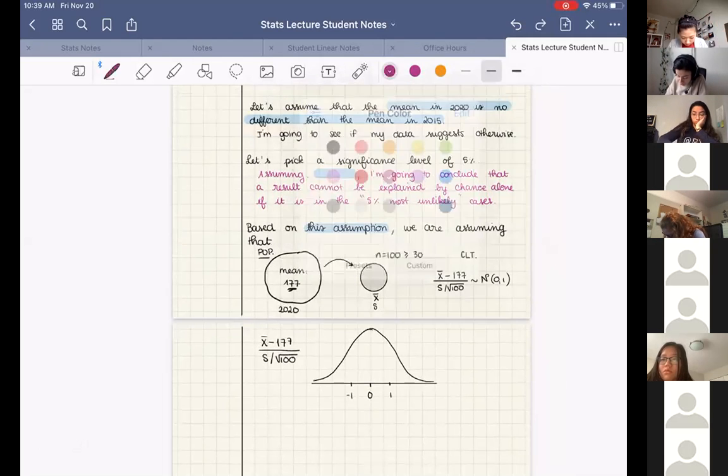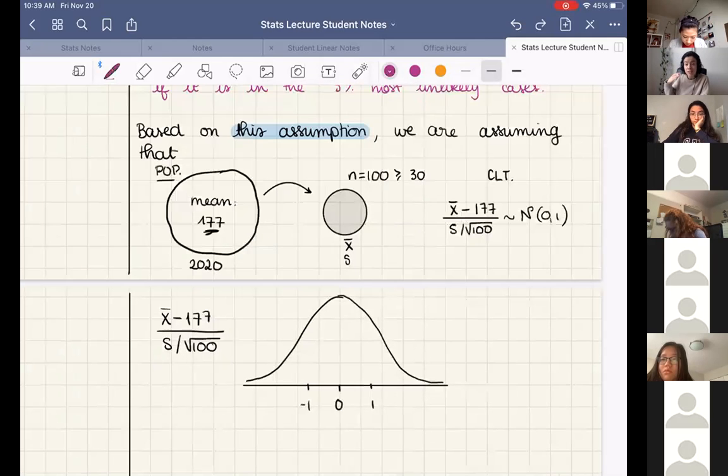And for us, because we're trying to show that the mean is actually larger, that's what we're trying to determine: whether the mean in 2020 is larger than 177. The extreme 5% is going to be this extreme 5%. So this is going to be 5%.